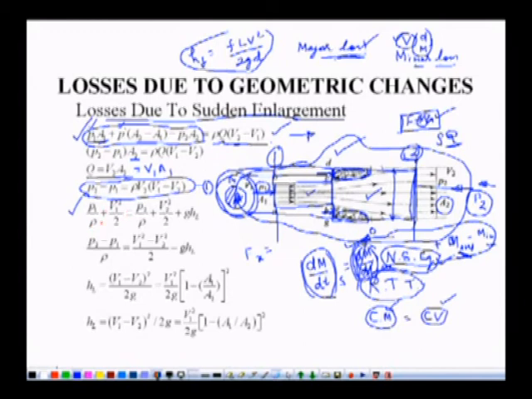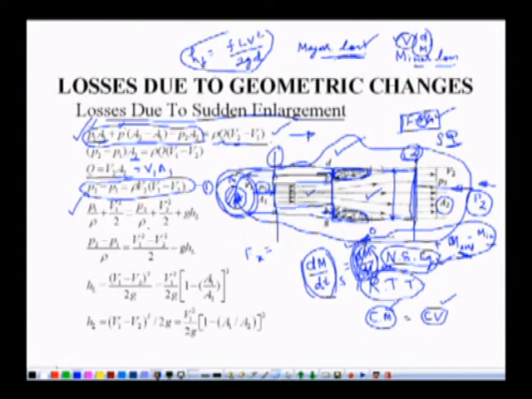So what is Bernoulli equation? Total energy at section 1 is equal to total energy at section 2. So P1 over rho plus V1 square divided by 2. This is the total energy per unit weight at section 1, plus the elevation term, since it is horizontally situated we are neglecting that, is equal to, what is the pressure available at point 2?